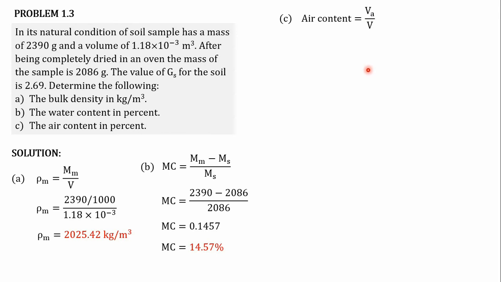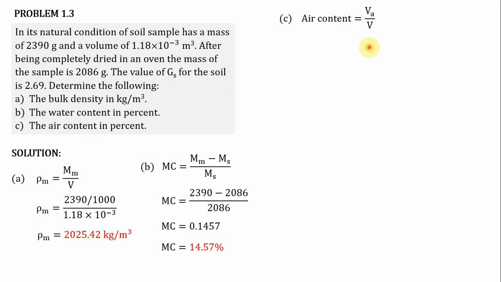Huwag kayong malito ha, kasi baka ganito yung gawin nyo: volume of air divided by the volume of voids. This does not represent the air content. Air content meaning the volume of air divided by the total volume, not the total volume of voids, no?